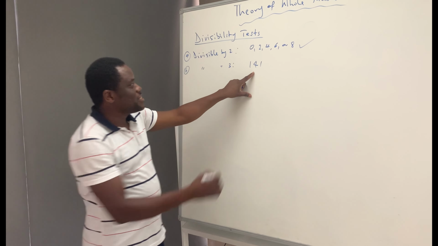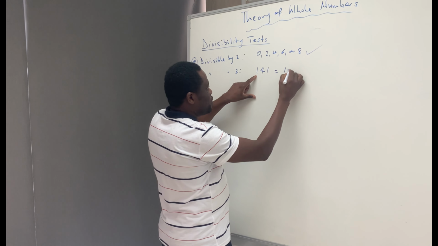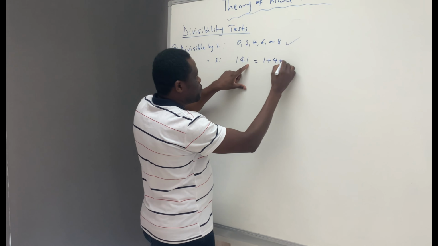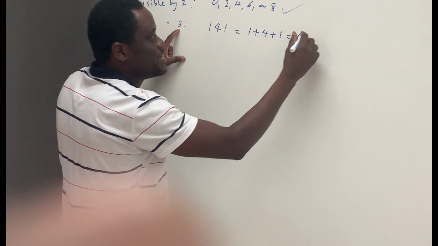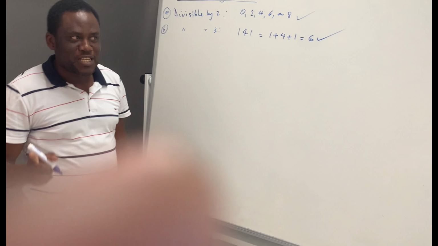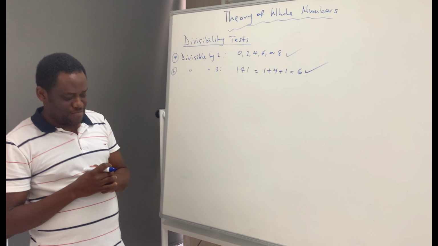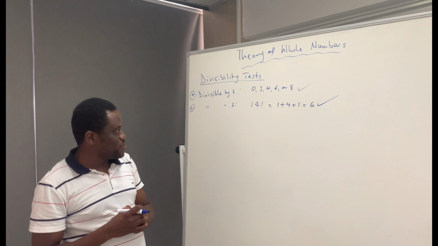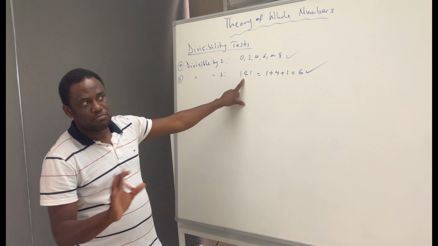What we have to do is add each of the digits. 1 plus 4 plus 1, which is what? 6. Can 3 go in 6? Yes. This is how you know divisibility. It's very important. So which means if you divide this by 3, it will go without any remainder.